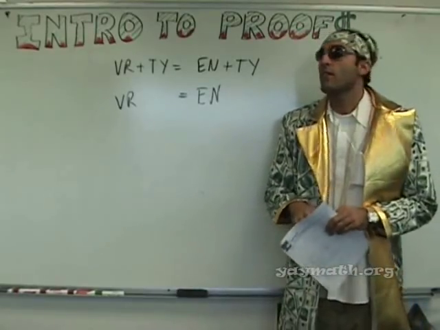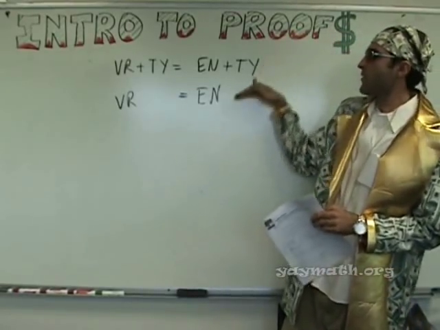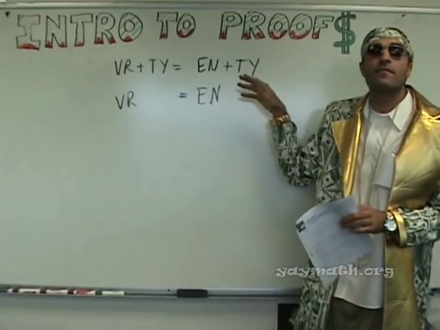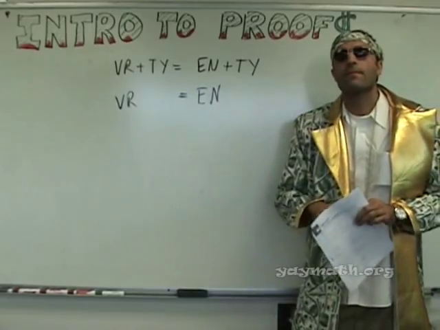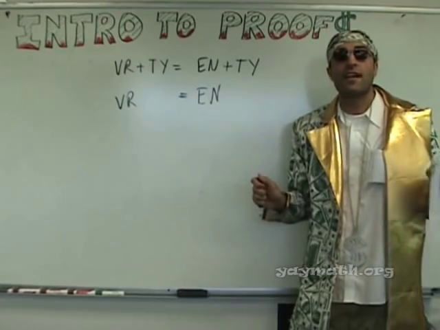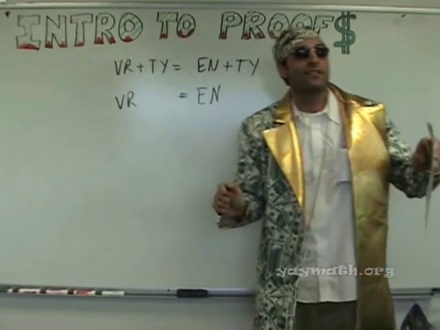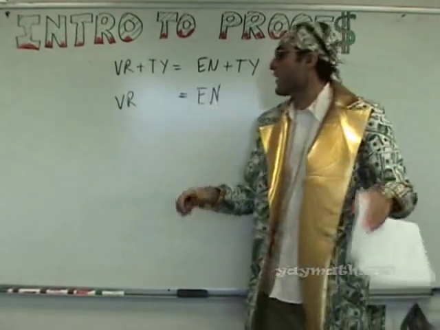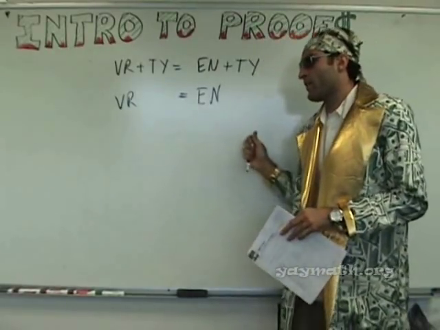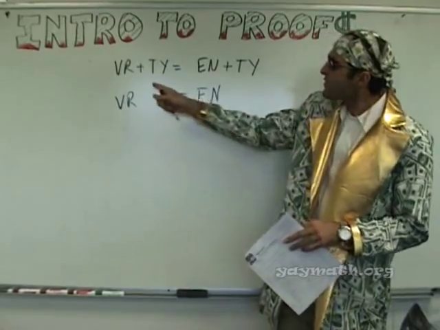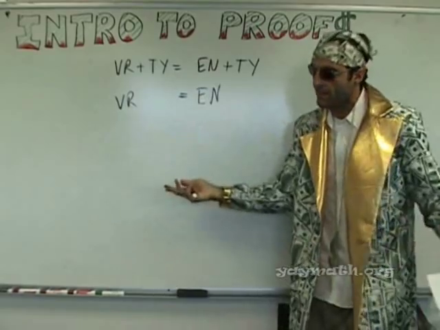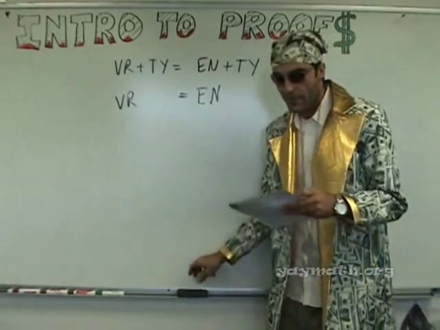Notice this statement. What went away? You subtracted the TY from both sides, so this would be the subtraction property. Additive inverse is like what you add to make it go to 0, I suppose, but from here to here, the difference was that TY was subtracted. That's the idea with that.